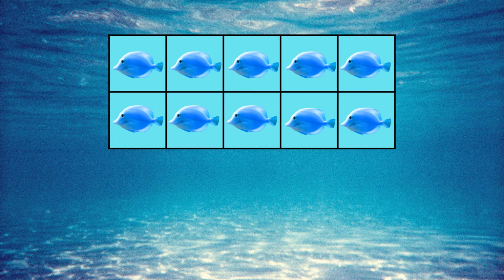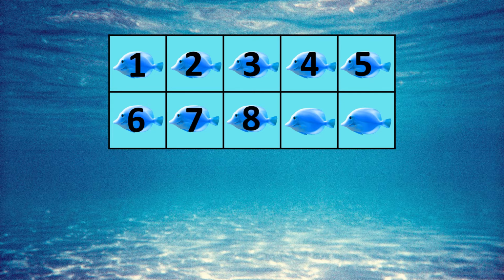But just to be sure, let's look at each cell and count it. 1, 2, 3, 4, 5, 6, 7, 8, 9, 10. See, there are 10 fish in the 10 frame.